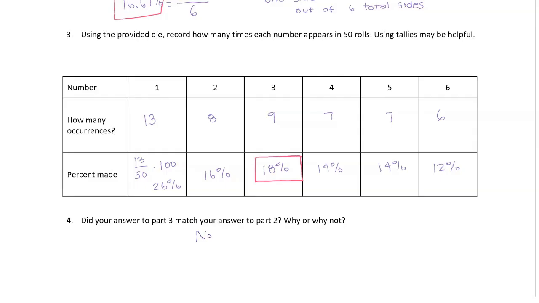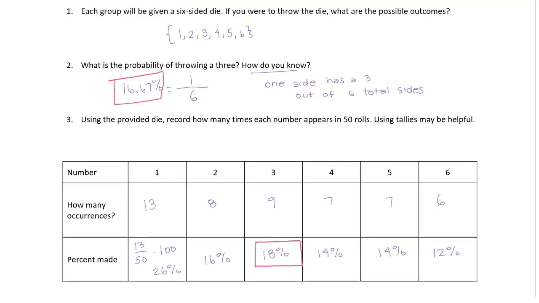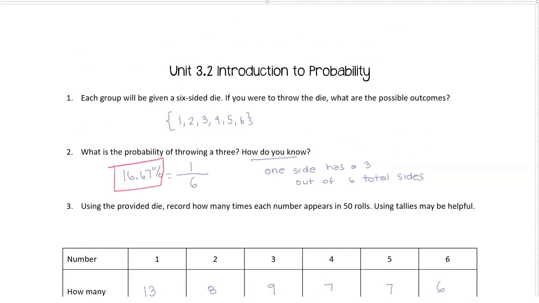All right, now that we have done some exploration, let's go back and add some notes and some definitions to put context to our exploration here. The first is that throwing the die 50 times is our probability experiment.